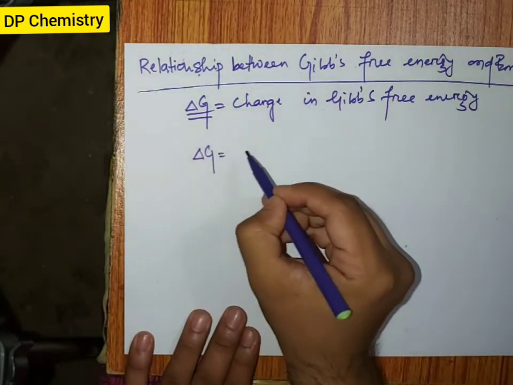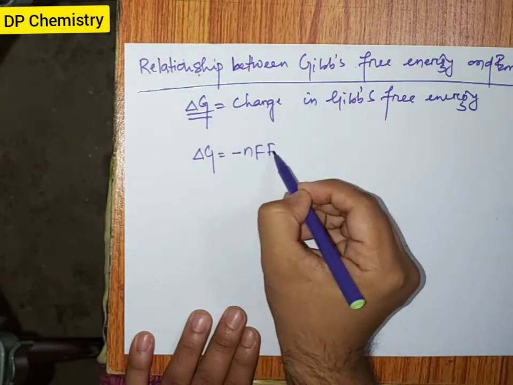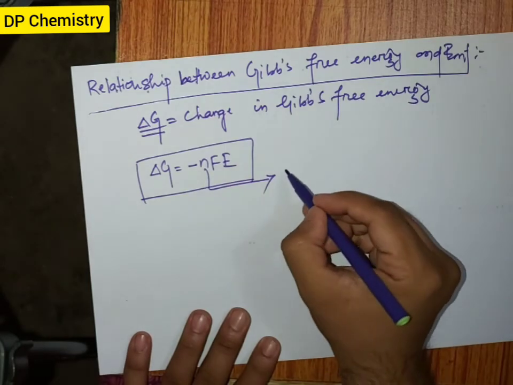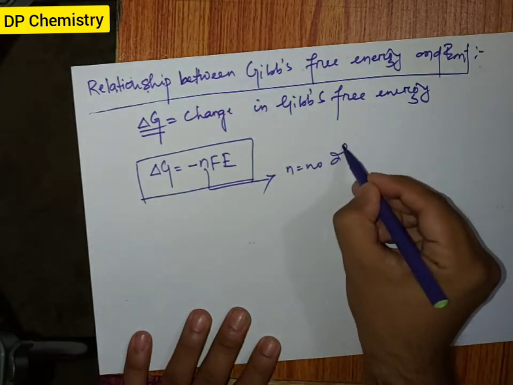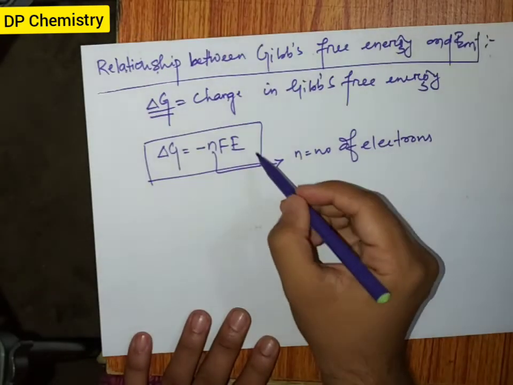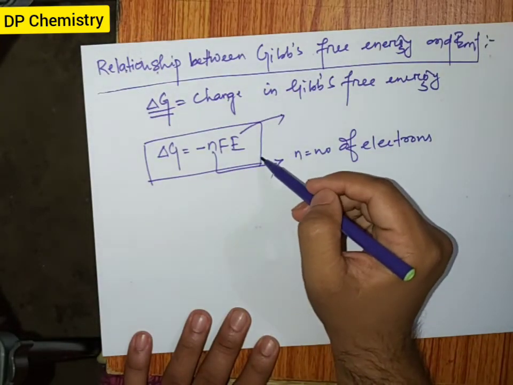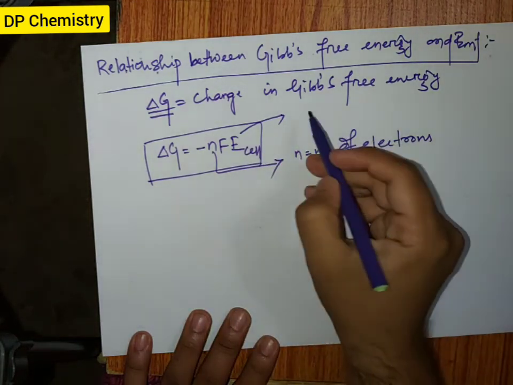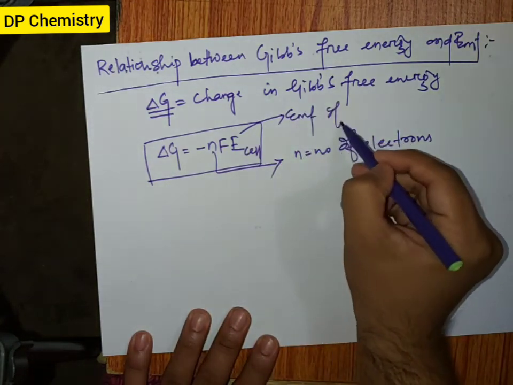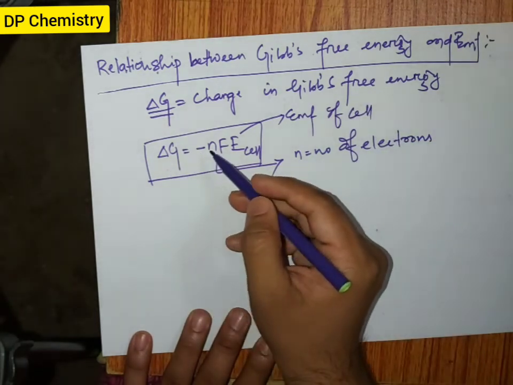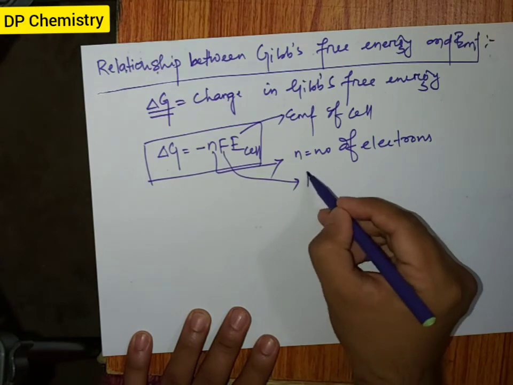So the relationship between Gibbs free energy and EMF of the cell can be written as del G is equal to minus nFE, where n is the number of electrons, E is your EMF of the cell, or I can write it as E cell, del G is the change in Gibbs free energy, and F means Faraday.